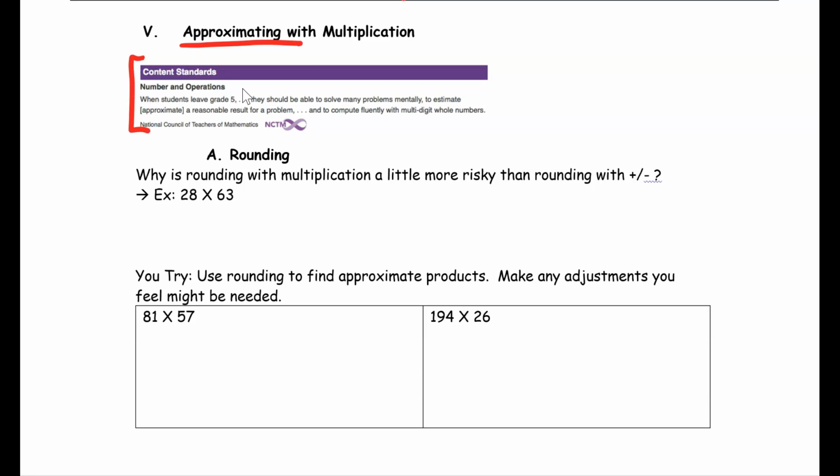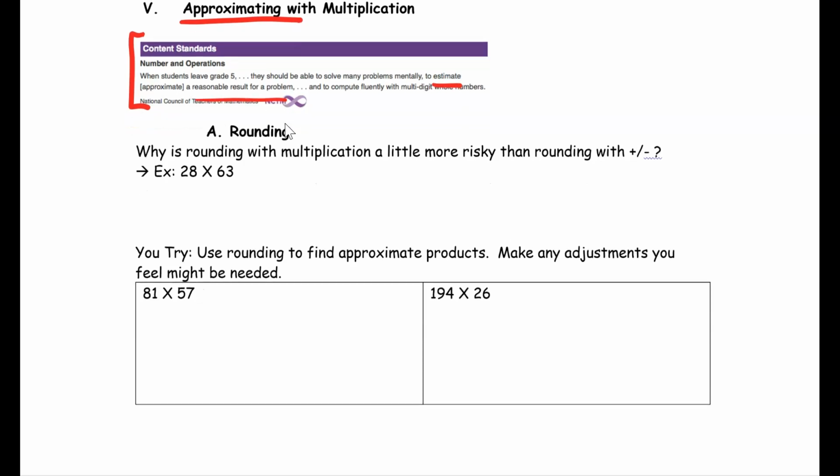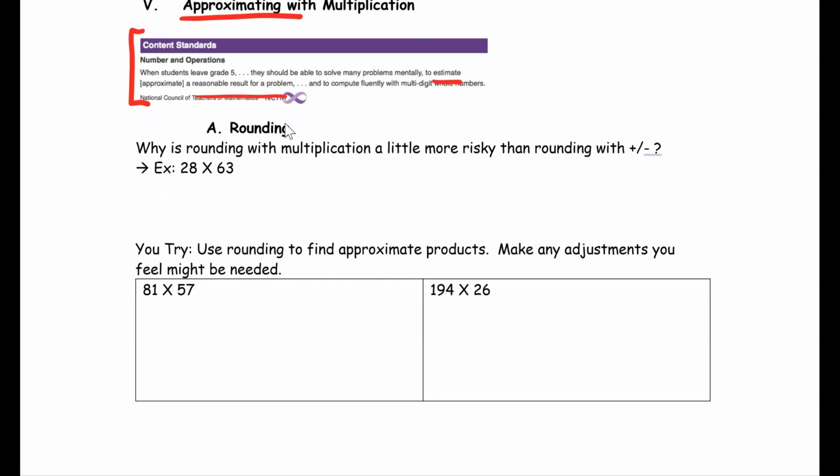When students leave grade 5, they should be able to solve many problems mentally and estimate a reasonable result for a problem. Okay, so that's what we're doing here. And estimating certainly doesn't start in grade 5. It starts in kindergarten and moves throughout the K-12 math classes.